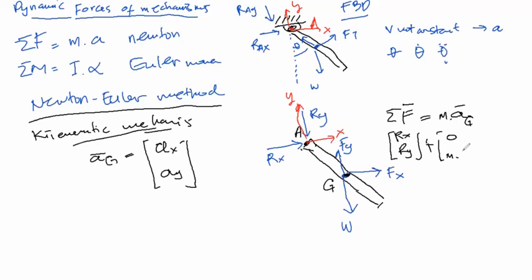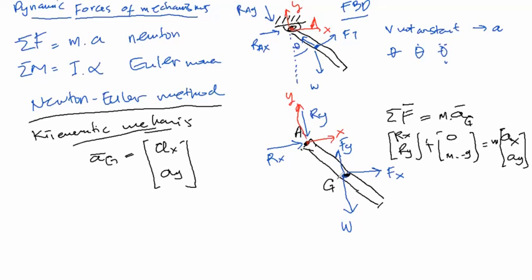So I will put here m times minus g equal to m, the same m as here, m times ax and ay, like this. So this is the sigma F for this.